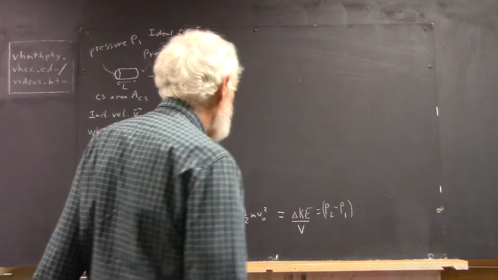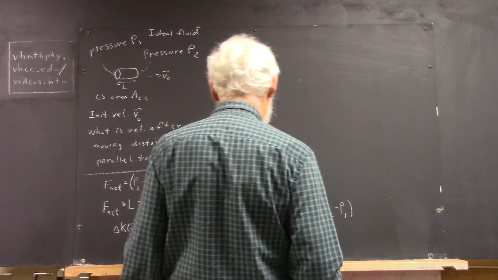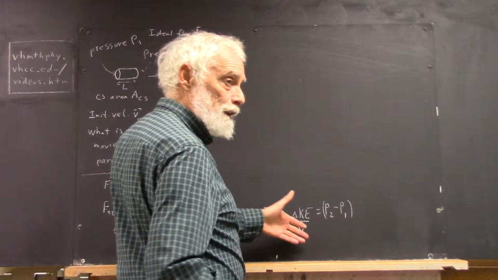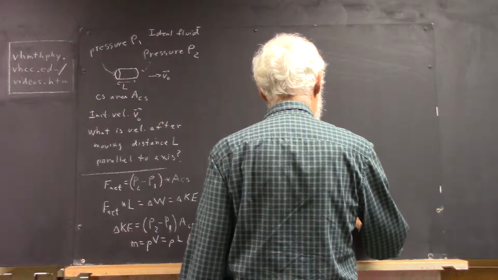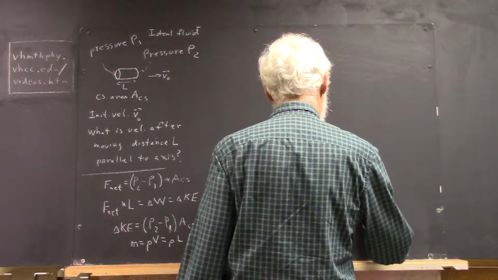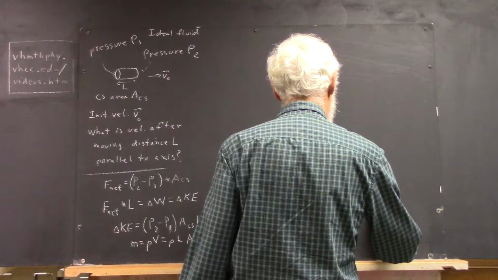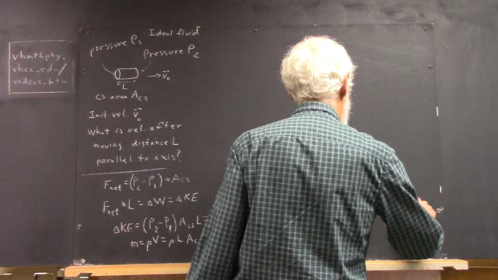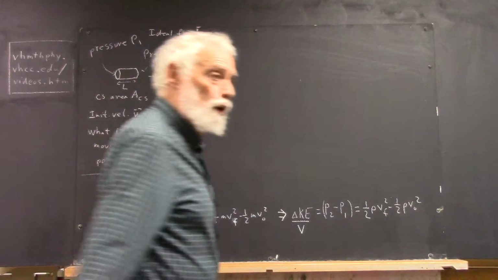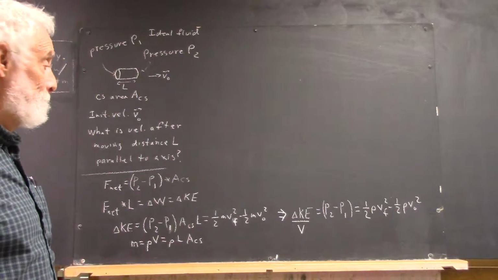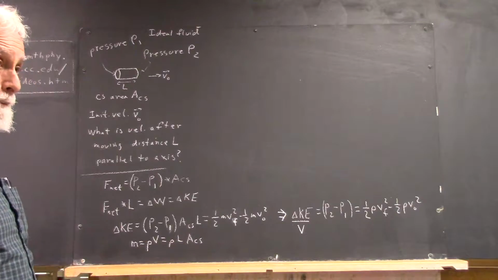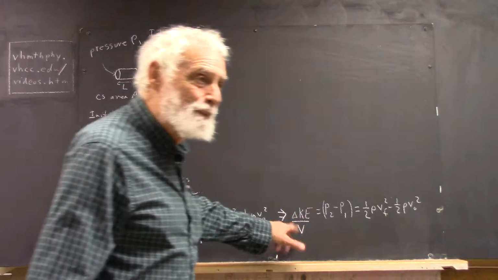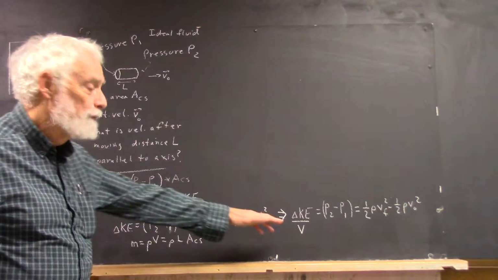So this implies that the kinetic energy change over V is equal to 1/2 rho VF squared minus 1/2 rho V naught squared, right? Oh, okay, I see what's happening. Not written particularly well. That was really kind of ignorant of me, but that's par for the course.